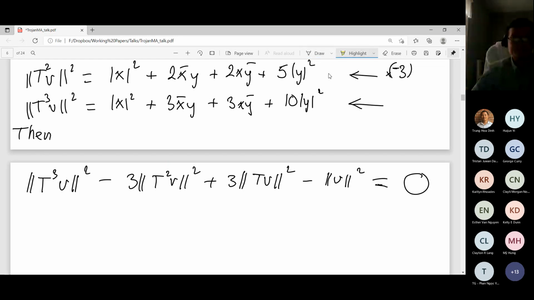The coefficients here: 1, and then minus 3, and plus 3, minus 1. Those are the binomial coefficients.